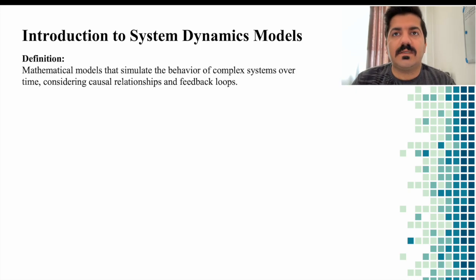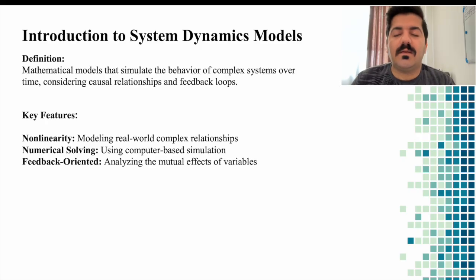Three points in system dynamics are important. First is nonlinearity, modeling real-world complex relationships. Second is numerical solving, using computer-based simulation, and third is feedback-oriented, analyzing the mutual effects of variables.